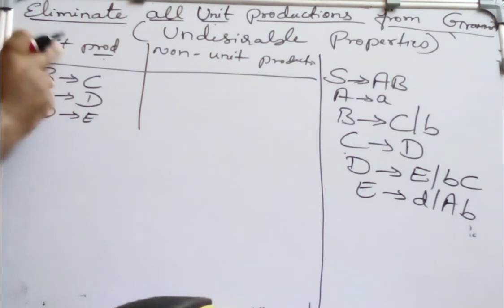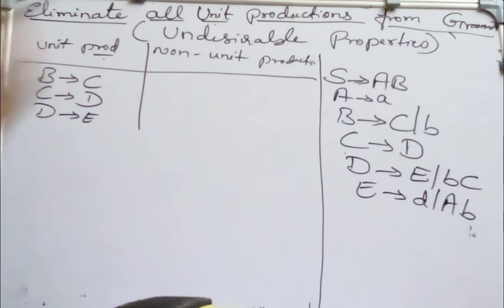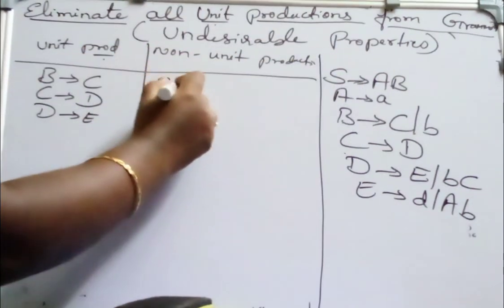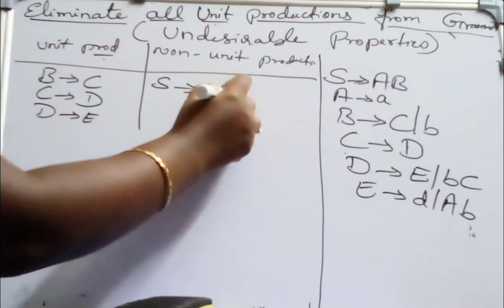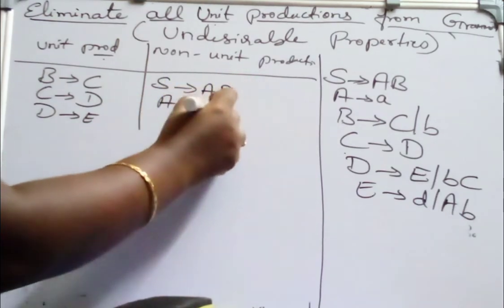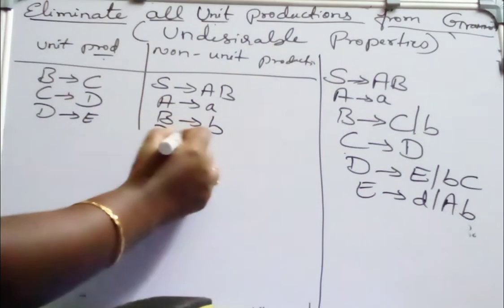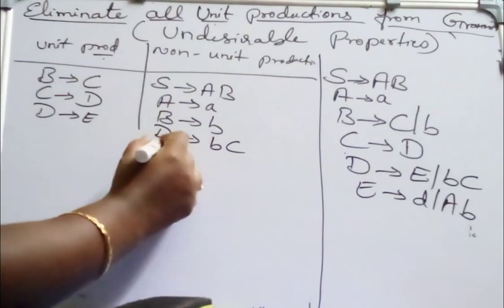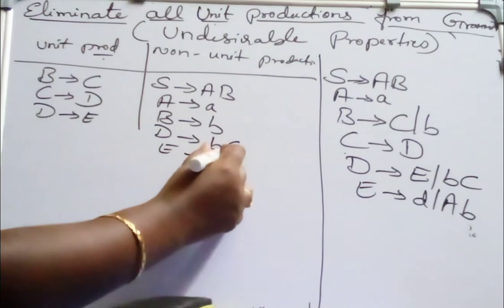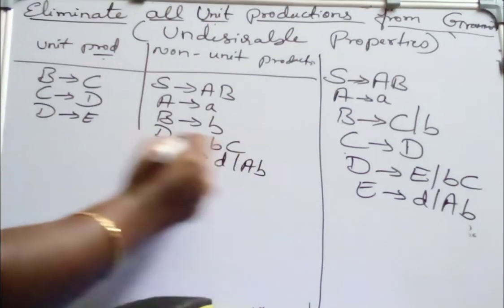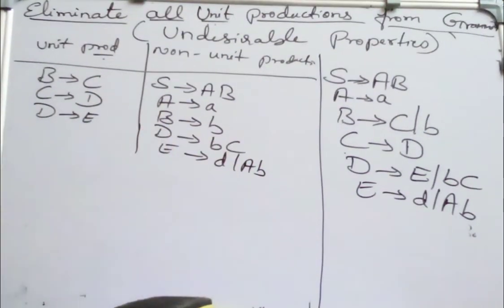They are called unit productions. Which are the non-unit productions in this grammar? S derives AB, A derives A, B derives B, D derives BC, and E derives D or AB. So these are non-unit productions.